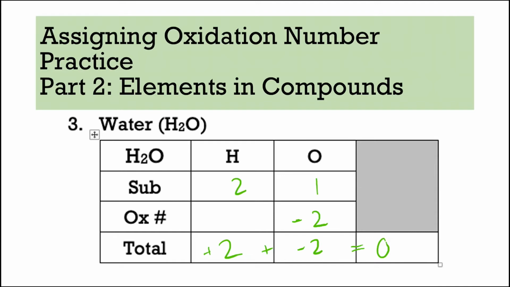So that means both of those hydrogens in total bring a positive 2 charge. So if you have 2 H's in total, and the total positive is plus 2, it means each individual H brings a positive 1 charge. And that's it.